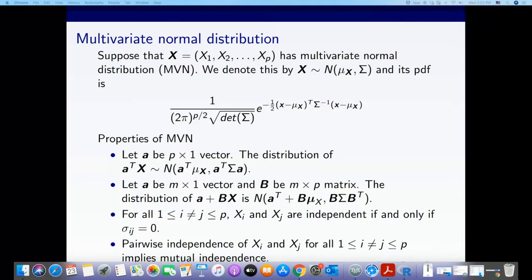If that is equal to the product of the individual marginal distributions in the pairs, then we say it's a pairwise independence.